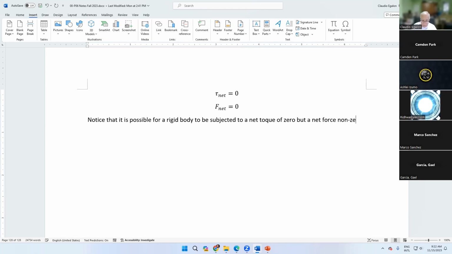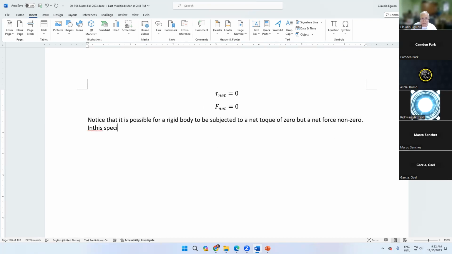It's possible. Let me give you an example. In this specific case, in which the net torque is equal to 0, but the net force is non-zero, the rigid body is not going to rotate, okay? But it's going to be accelerated linearly.